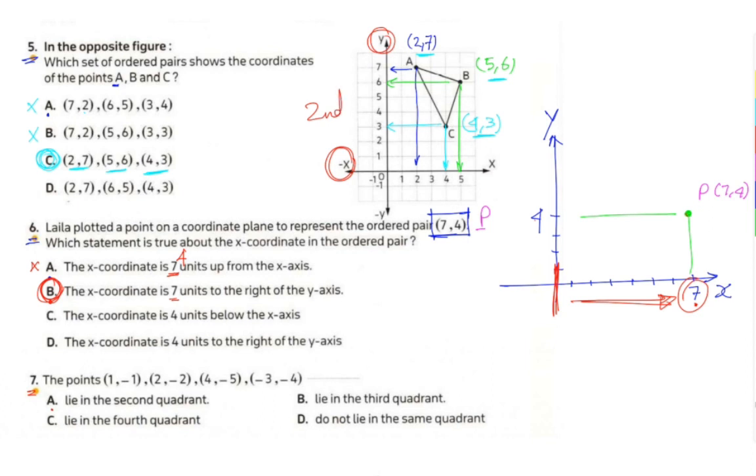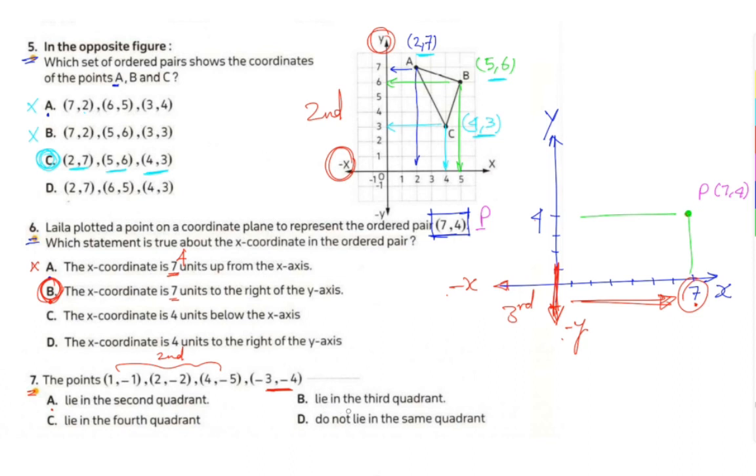But here we have negative and negative, so that point is in the third quadrant, with negative x and negative y.